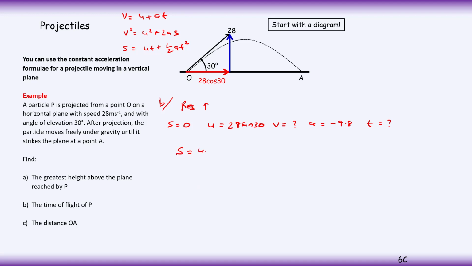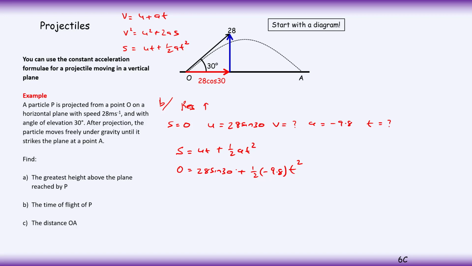S is equal to ut plus a half at squared. So if I sub for what I know, 0 is equal to 28 sine 30 t plus a half times minus 9.8 t squared.